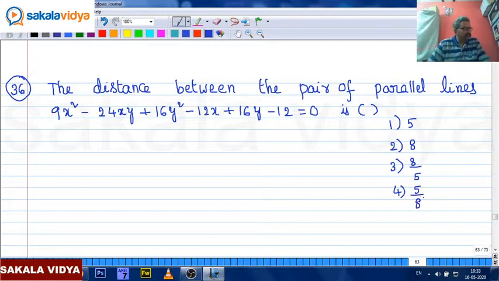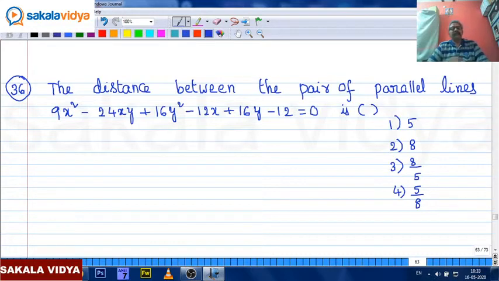This is the question. The distance between the pair of parallel lines 9x square minus 24xy plus 16y square minus 12x plus 16y minus 12 is equal to 0.